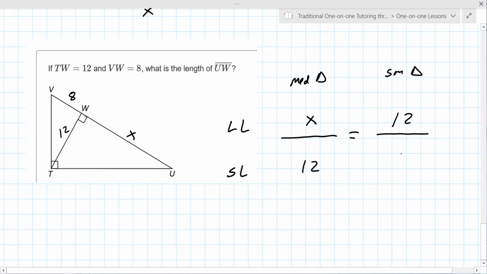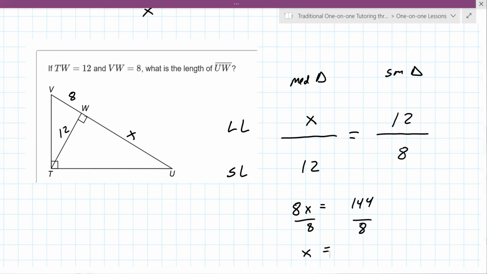And what's the short leg of the small triangle? It's 8. So you cross multiply here, divide by 8, divide by 8. So what does x equal? 18. Perfect.